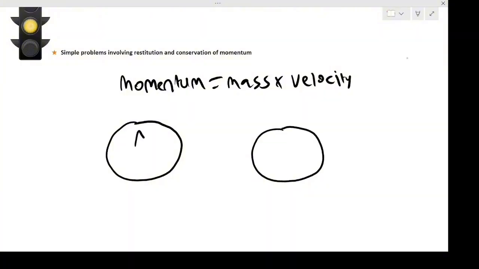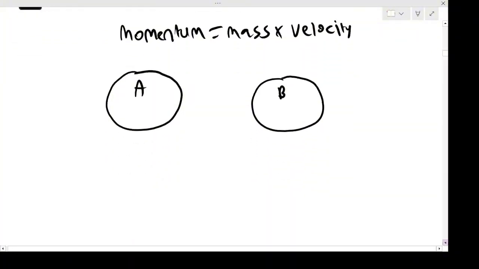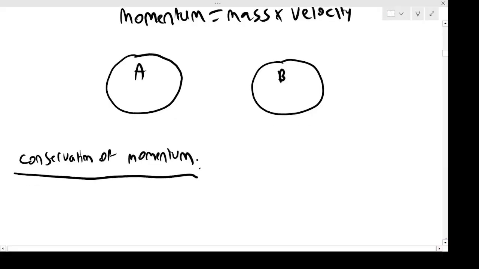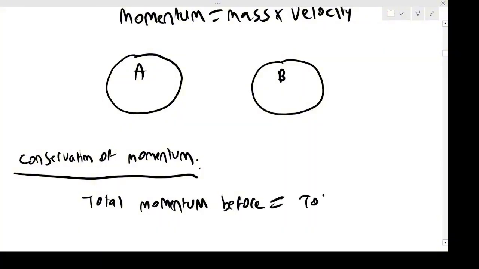Let's say this is ball A, this is ball B. Via the conservation of momentum, momentum is conserved, so momentum does not change before and after a collision. That means the total momentum before is equal to the total momentum after.